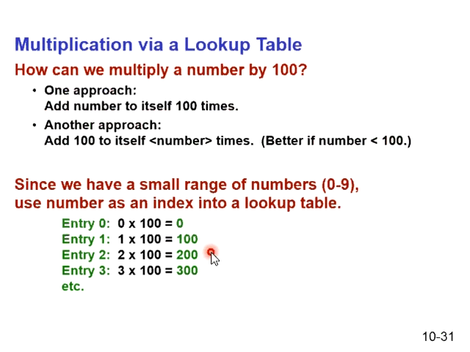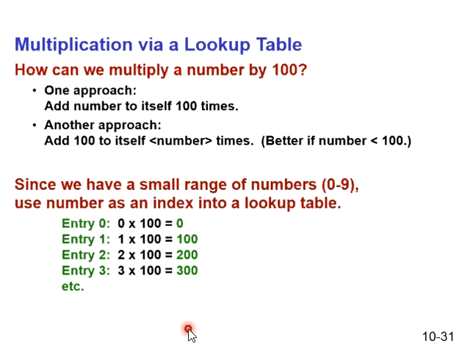And we have a table storing 10 entries from 0 to 9. With entry 0 you have 0, entry 1 you have 100, entry 2 200, etc., to entry 9 900.